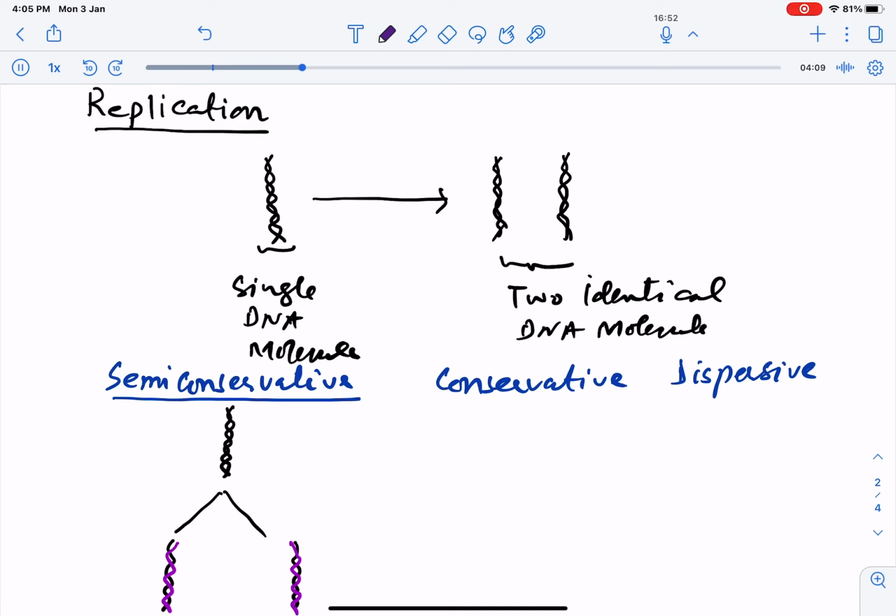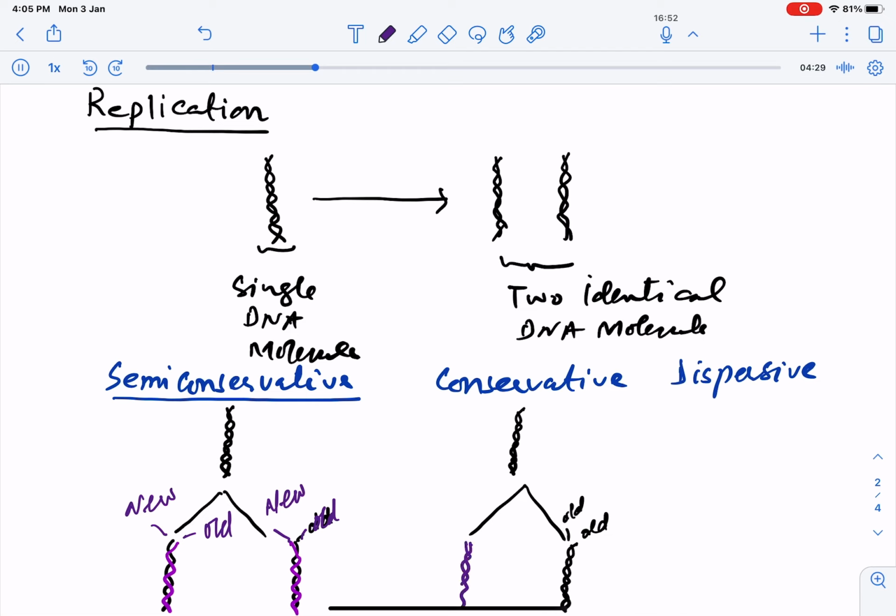In conservative replication, however, both the old strands of the DNA molecule are conserved and a new DNA molecule is synthesized with both the new strands of DNA. So the whole of the DNA molecule is conserved unchanged in this method.